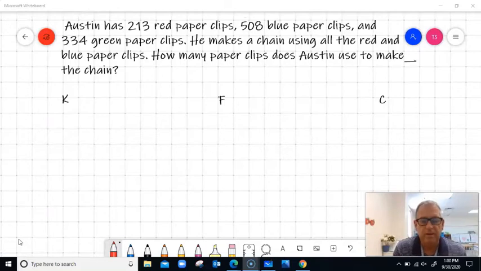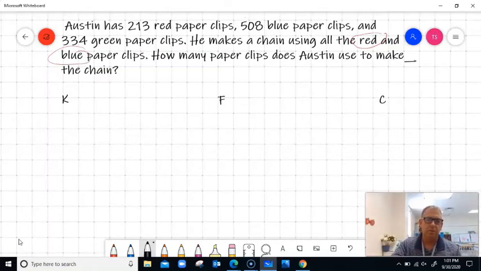But the K stands for what do we know? In this problem, I'm going to look at the second sentence. It says he makes a chain using all red and blue paper clips. So that's important right there, that the chain he's making is all red and blue paper clips. So I'd write this over here in what we know.